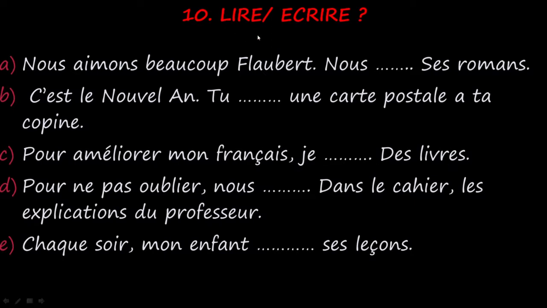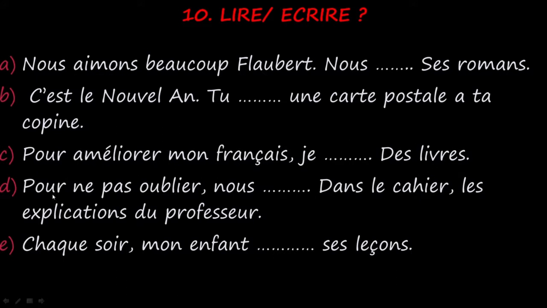You can't write j'écris des livres because you want to improve your French. So in order to improve French, it's better you read, because you'll be making mistakes when you write. Je lis des livres. Oui, voilà. Pour améliorer mon français, je lis des livres.